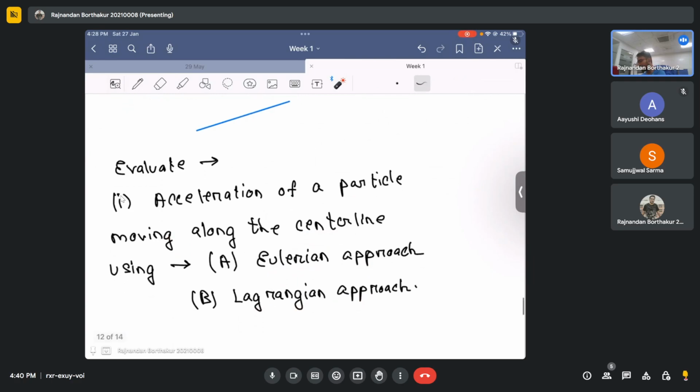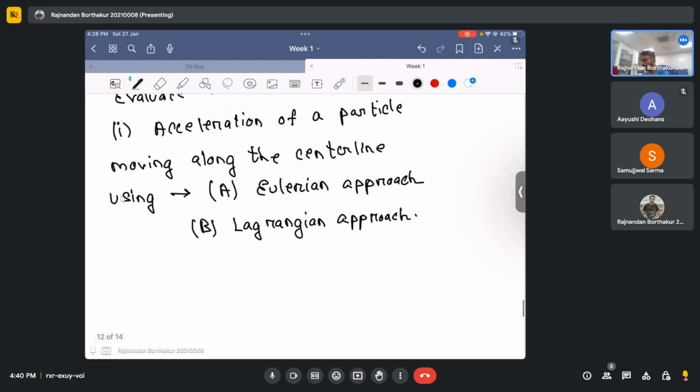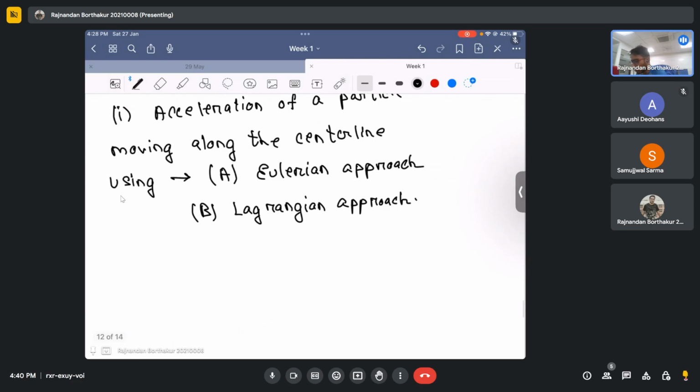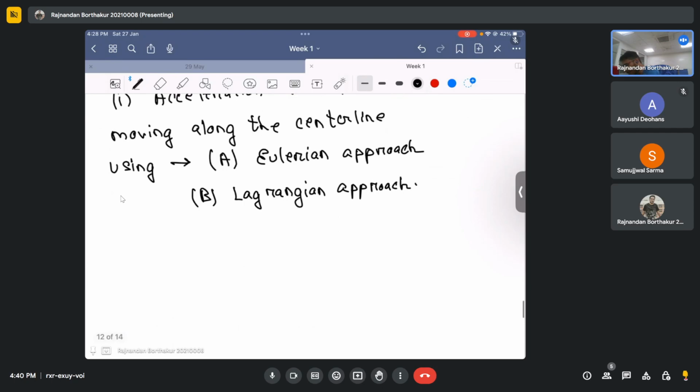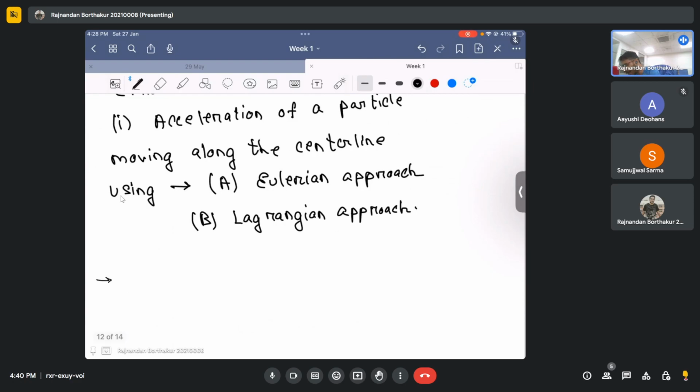So this is something that they want us to find out, and we will do that. So let us now try to solve this problem. We will try to do the first part. We will now first try to find out the acceleration of a particle using the Eulerian approach. So let us use the Eulerian approach first.